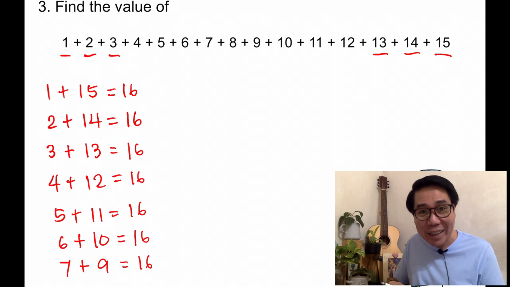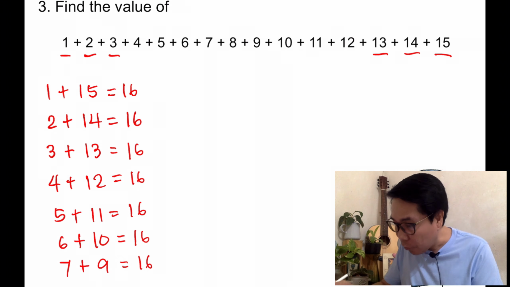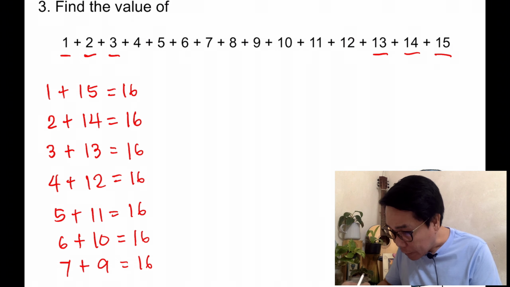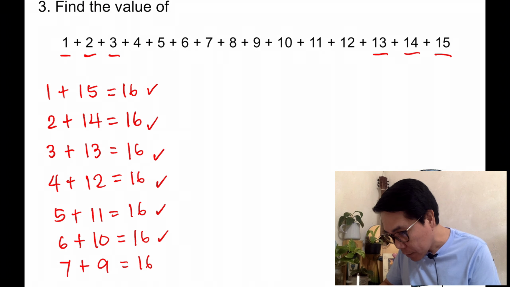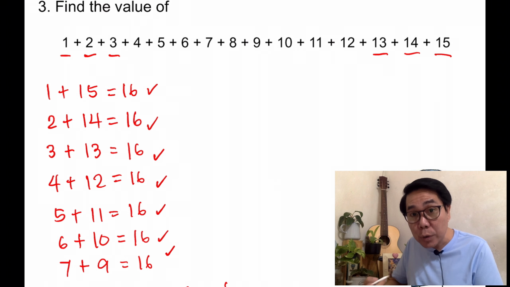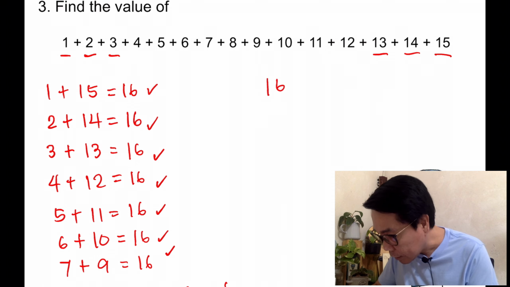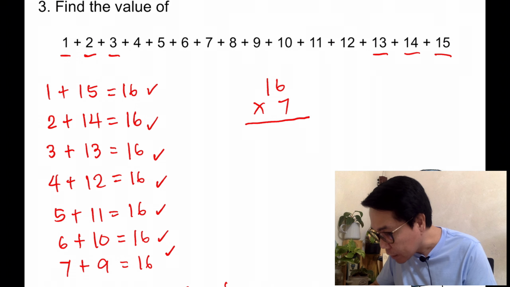So we found the number which doesn't have a pair. Therefore, we have 1, 2, 3, 4, 5, 6, 7 pairs of numbers that add up to 16. So what we have to do is 16 times 7. 7 times 6 is 42.